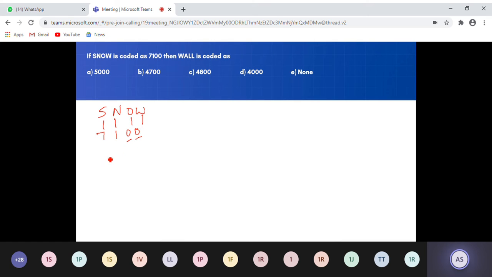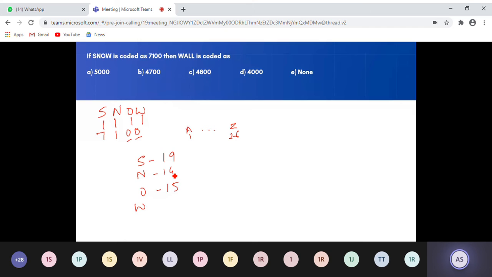So then what is the next option we have? Let's switch to the number sequence. So A is 1, B is 2, and so on. Z is 26. We know that. If we write down snow, let's check what it comes up to. S is the 19th alphabet. N is the 14th alphabet. Because I know N, I know O will be the 15th alphabet.